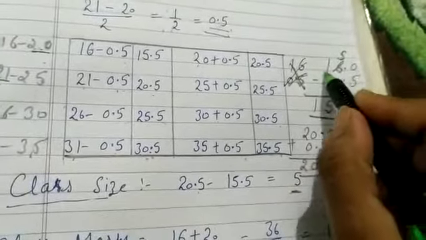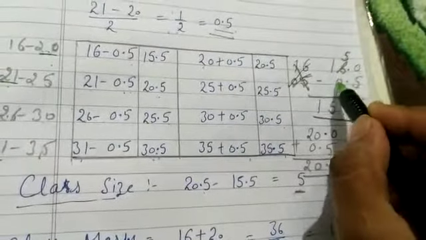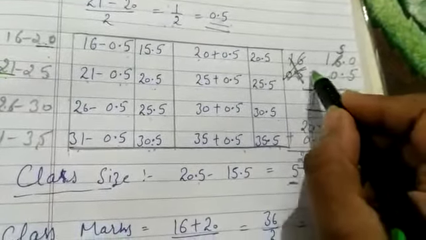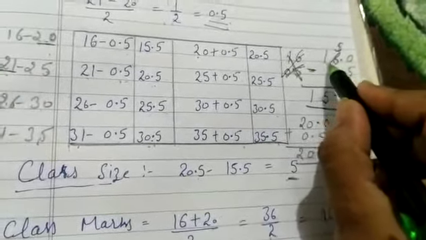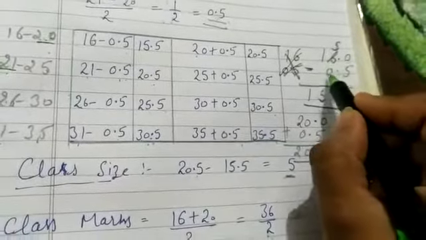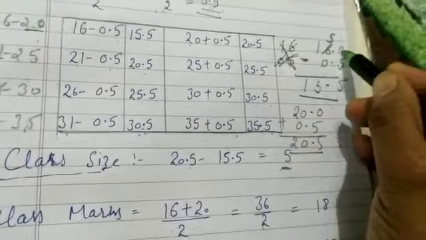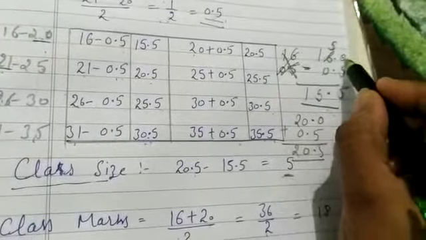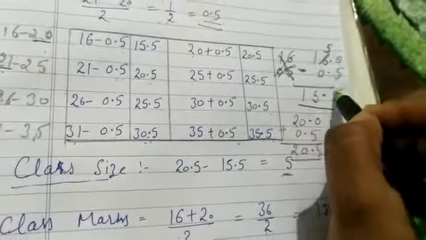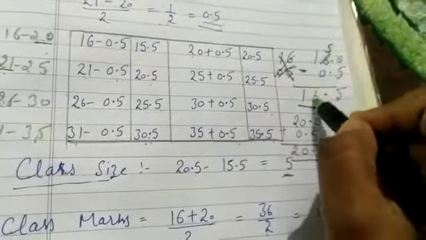First you have to write 16.0, then write 0.5 below it, then subtract. 0 takes a carry from here, it is 10. 10 minus 5 is 5. Here 1 is left, so 15.5.